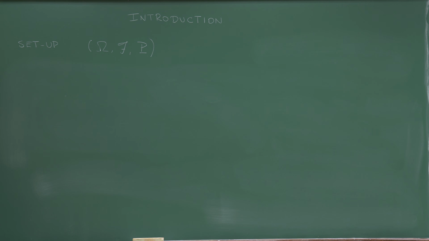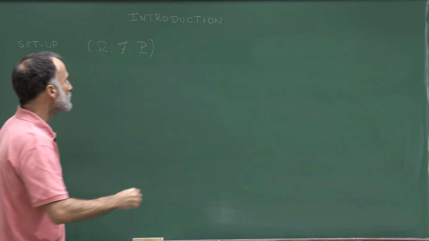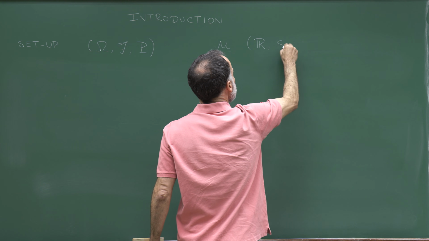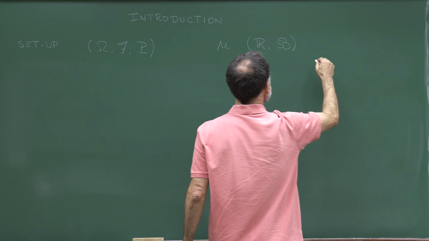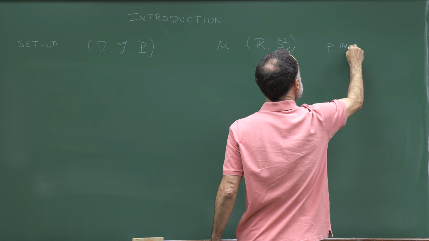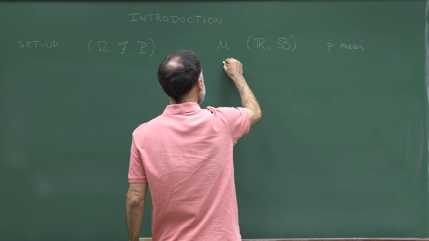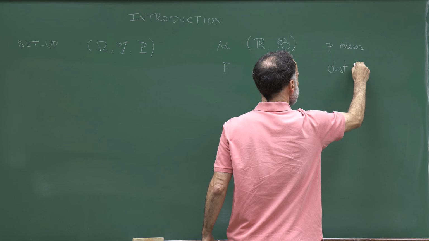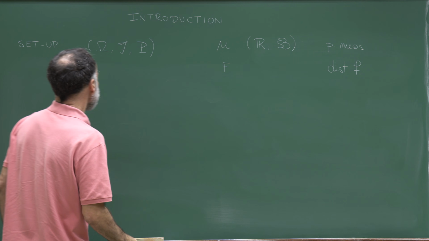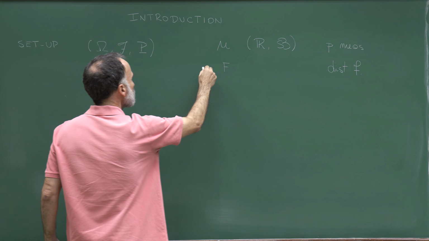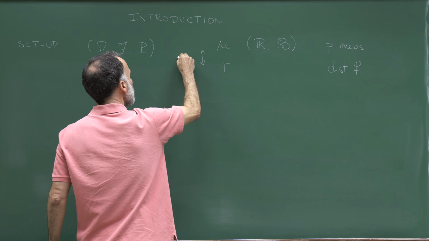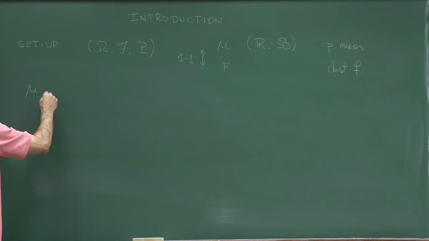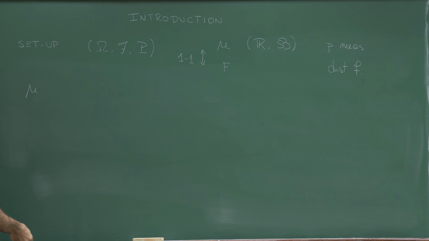There is a one-to-one correspondence between probability measures mu defined on the pair (R, B) and distribution functions F. So what I'm claiming is that there is a one-to-one relation between these two. Assume that you have a probability measure mu defined on (R, B).